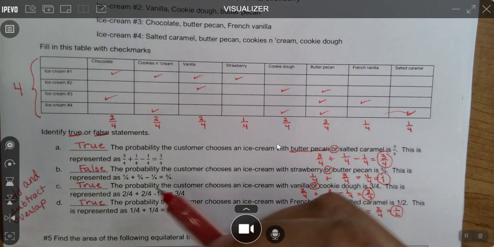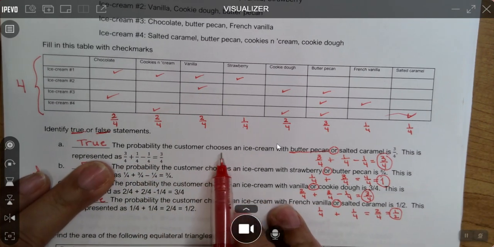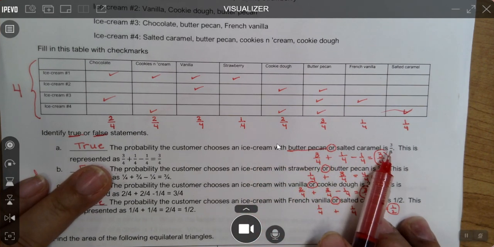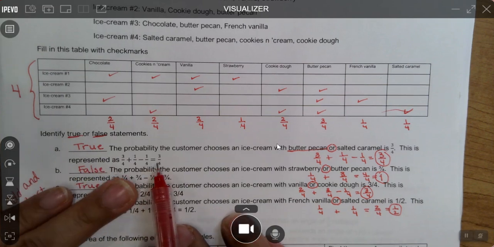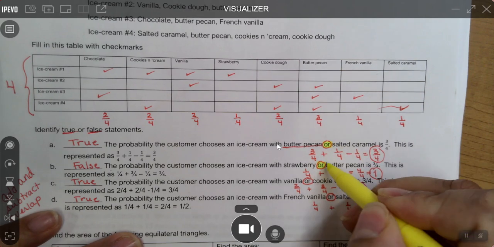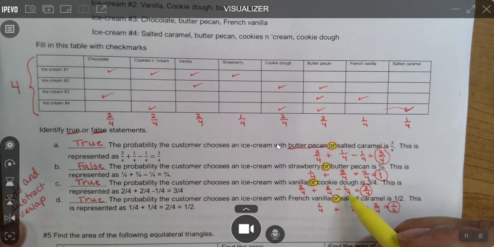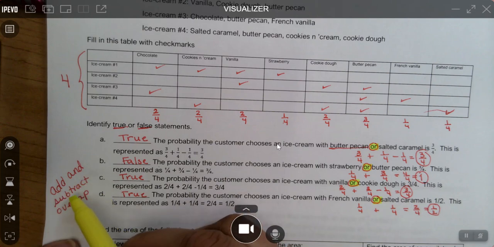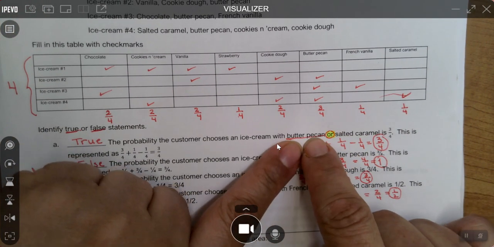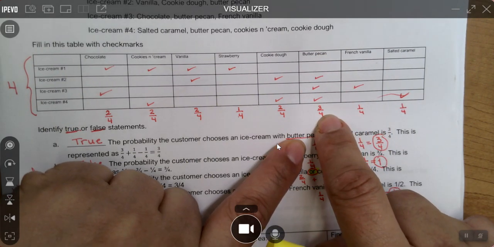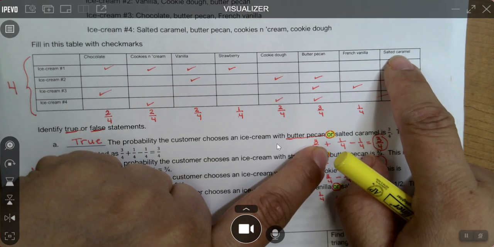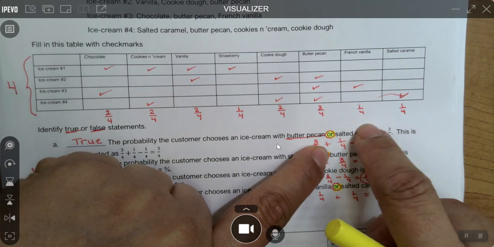Yeah. All right, so it says here that the probability that the customer chooses an ice cream with butter pecan or salted caramel is 3/4, and that this is represented by this. Okay, so I forgot to state that first, all 4 choices talk about or probability. So this one is going to be the one where we add the probabilities and then subtract any overlap. Okay. So butter pecan is 3/4 plus salted caramel, which is 1/4.